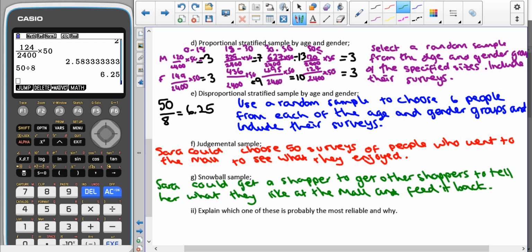So for a snowball sample, Sarah could get shoppers to get other shoppers. She could get a shopper to get other shoppers to tell them what they like at the mall and feed it back.